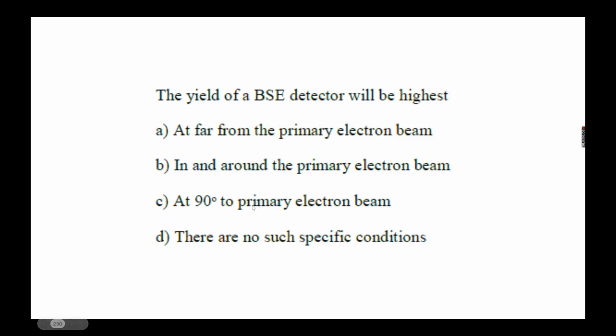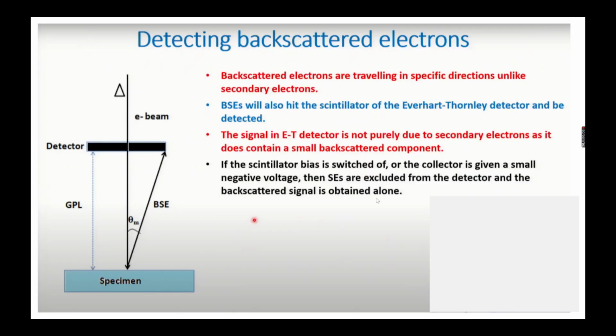It is in and around the primary electron beam, which is obvious because of the elastic scattering. If you know the scattering part, you can guess that the backscattered electron signal can usually be obtained near and around the primary electron beam, because the deviation is very small.